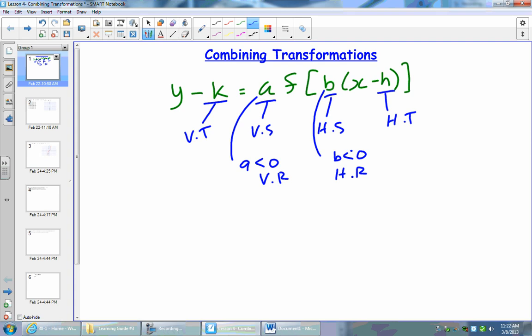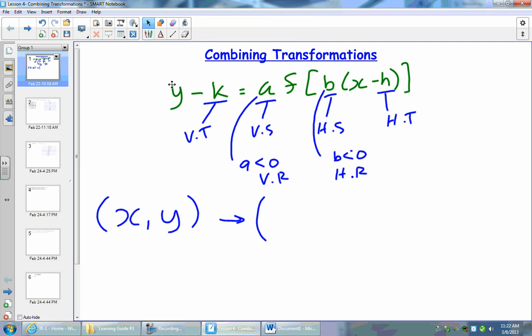And so what does that mean in terms of our points on the original graph? Well, all your points x, y on the original graph will now become the following. Looking at the x-coordinate first, what affects the x-coordinate? The transformations that affect the x-coordinates are your horizontal stretch, your horizontal reflection, and your horizontal translation. Let's go back to the horizontal stretch.